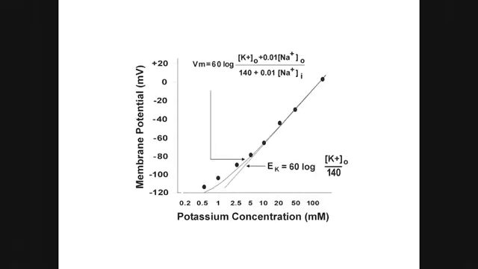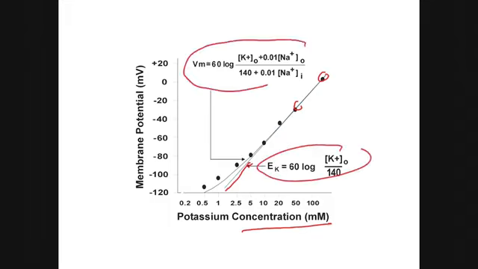Okay, now we can look at our little plot once again. So here is the same data I showed you previously. These are the data points when we manipulated the extracellular concentration of potassium. This was the straight line predicted by the equilibrium potential for potassium. And here is the line, or curve, if you will, predicted by the Goldman-Hodgkin-Katz equation when the potassium concentration is varied.